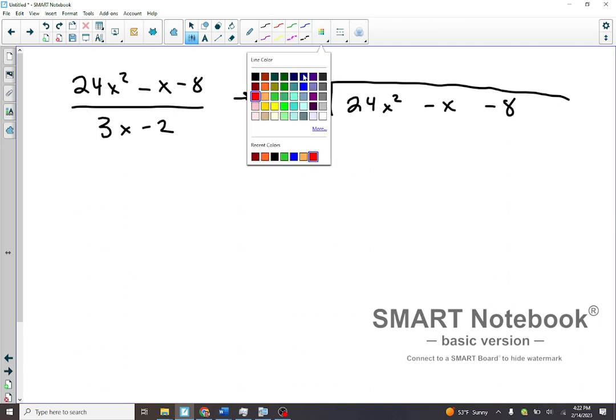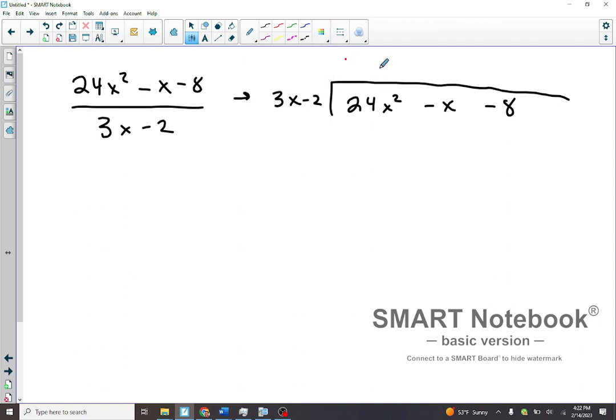The first thing I need to do is make all the x squares column, all the x's column, and all the constants column. So I'm asking myself, how can I make this part here, 3x, match 24x squared? What could I multiply with 3x to match 24x squared? 8x. Since that's x to the 1 power, that's going to be on this column. So we're going to write 8x here.